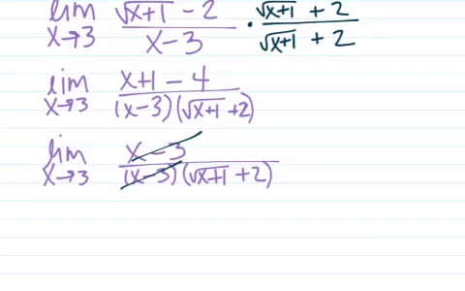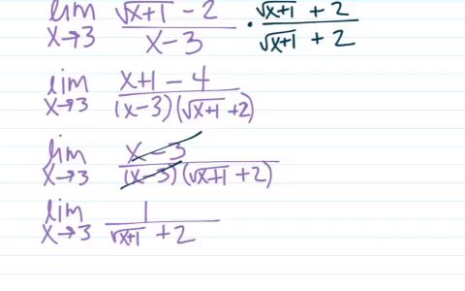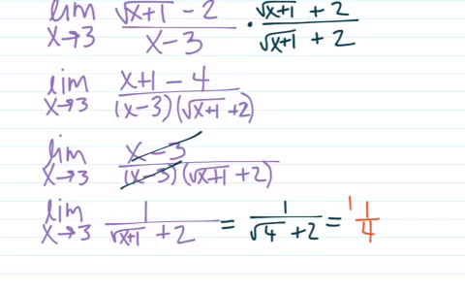And this leaves us with something we can use direct substitution with. So now we can actually plug in a 3, which will have us getting 1 over the square root of 4 plus 2, which is just 2 plus 2, which means we're going to get an answer of 1 over 4. Alright.